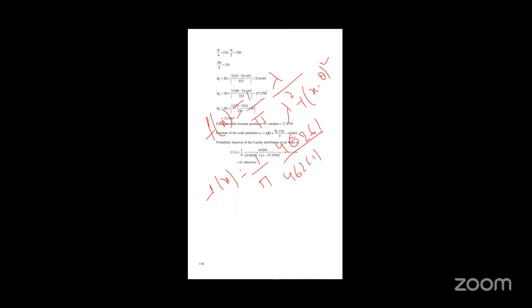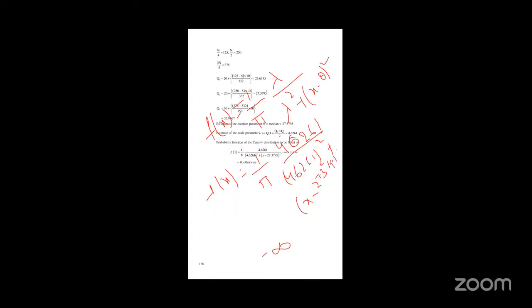So we need to find the probability density function, the PDF. What is the formula? f of x is equal to 1 by pi into lambda by lambda square plus x minus theta whole square. So f of x is 1 by pi, where lambda value is 4.6261, by 4.6261 whole square plus x minus theta, that is 27.3795, whole square.